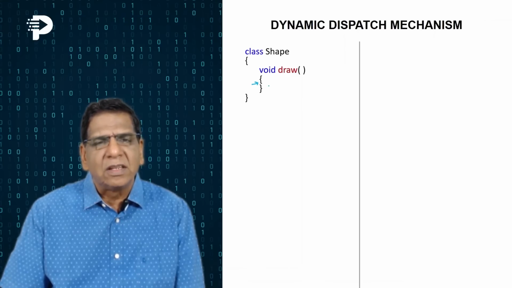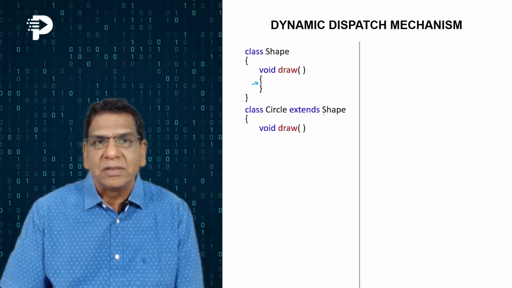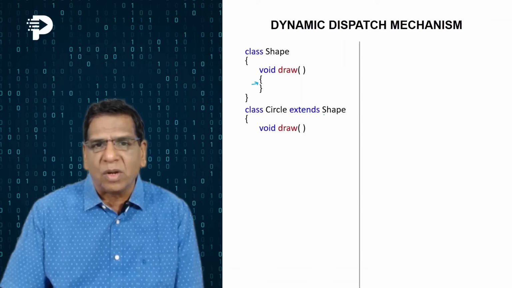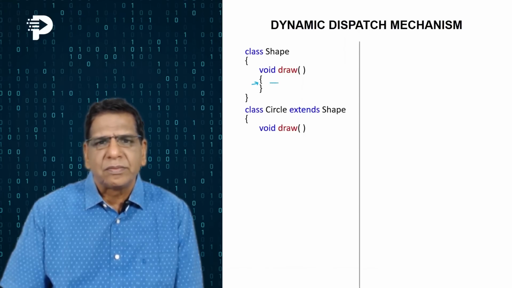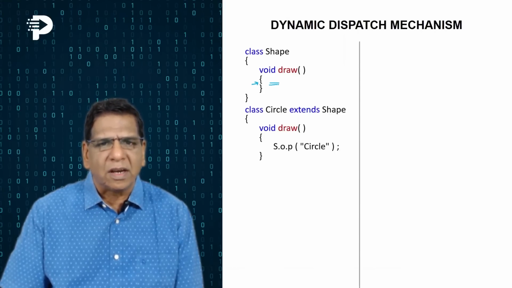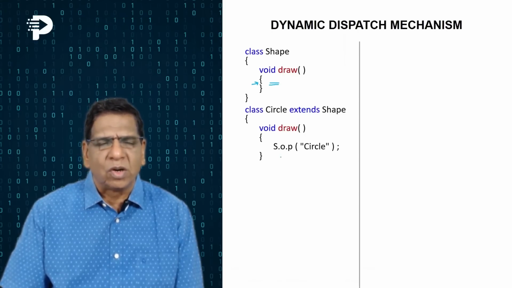And then within the circle class, which I extend from the shape class, I would have a draw method written once again. Means I am overriding the base class draw method. That is why I am saying we can leave this empty. And within this we will print out a message, system.out.println circle. In reality, I will have a logic here to carry out the drawing of a circle.